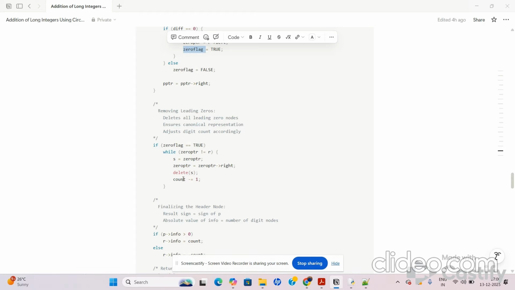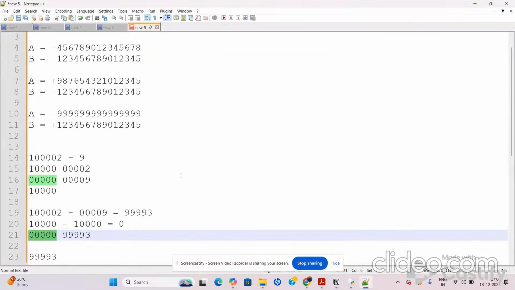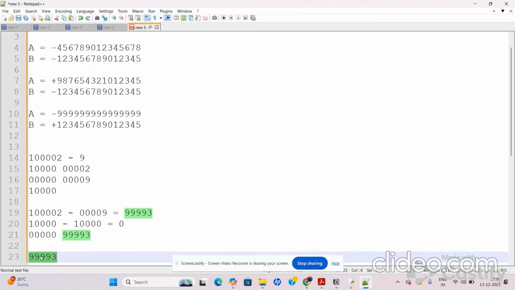Okay, why? Just to adjust the canonical representation. See, there is no point in storing my result like this, with two nodes, one node consisting of all zeros and another node consisting of non-zero values.